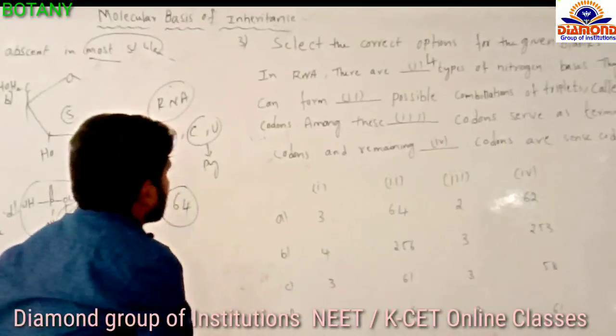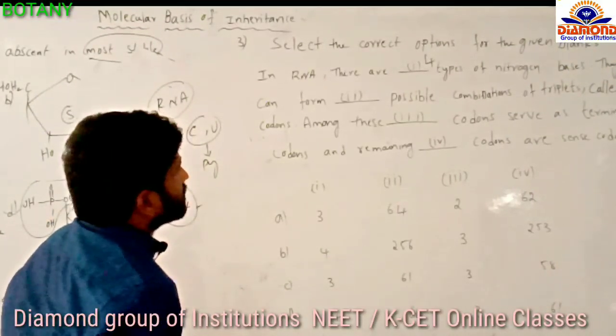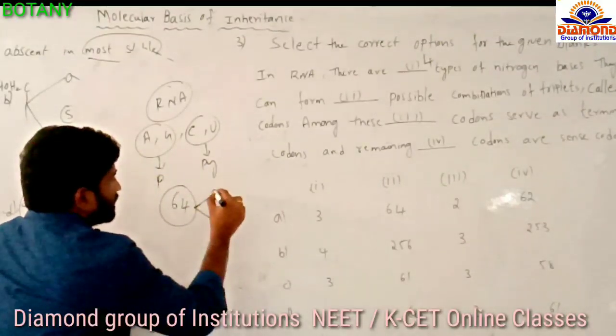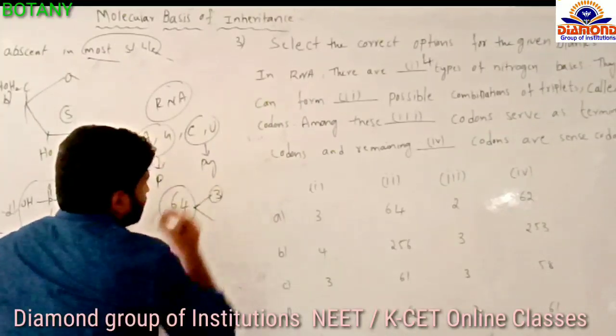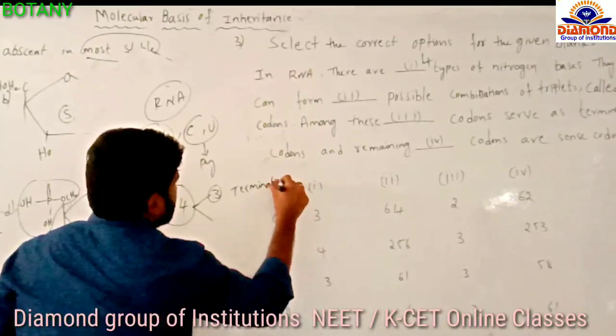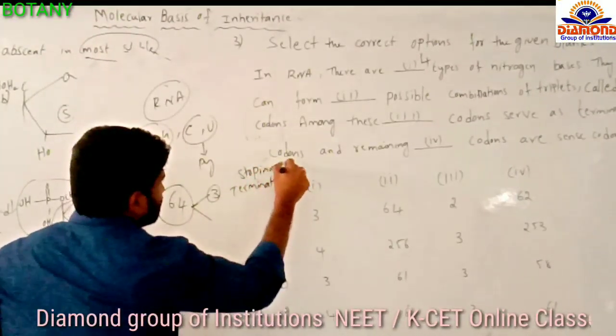Among these dash codons are terminating codons, meaning out of the 64 codons, 3 codons are terminating codons. Terminating codons are also called stopping codons.